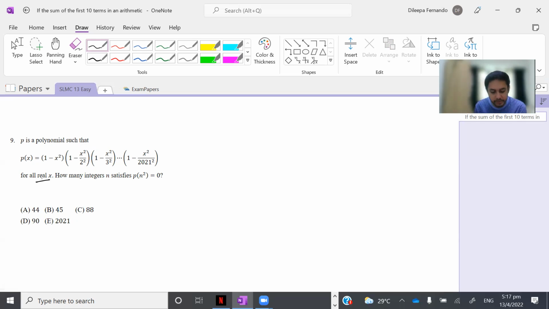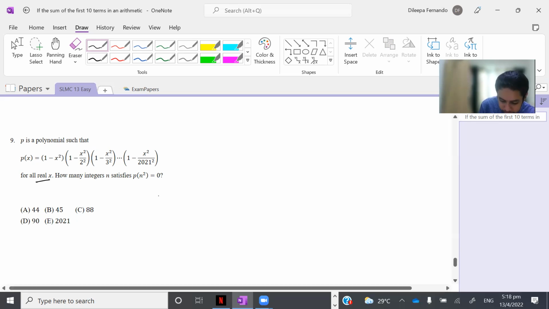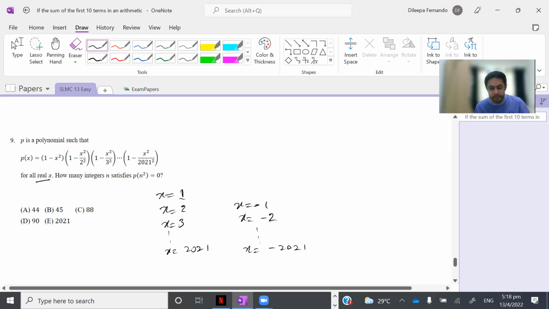This P(x) becomes 0 if x equals any of these numbers. So x can be 1, x can be 2, x can be 3, and x can be 20, 21, and also x can be minus 1, minus 2, and so on. x can be minus 20, 21. These are the roots of x values.